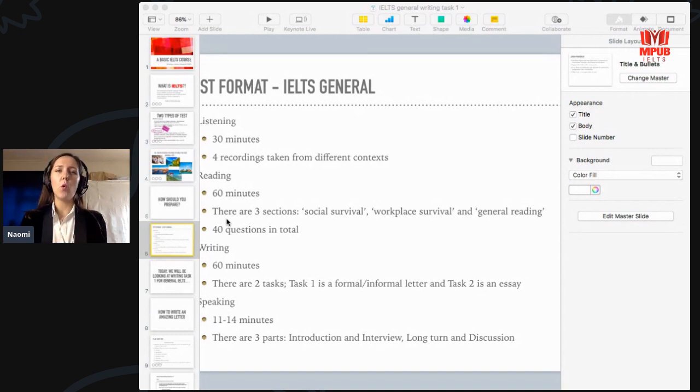So which one in this list of purposes are we doing today? What's the purpose of my letter? I'm complaining to a landlord, so it's semi-formal. Good. This box can just help you to clearly identify what kind of letter you're writing.